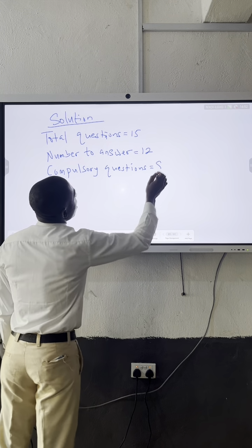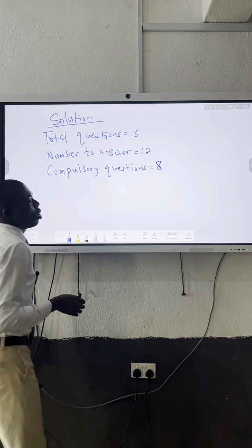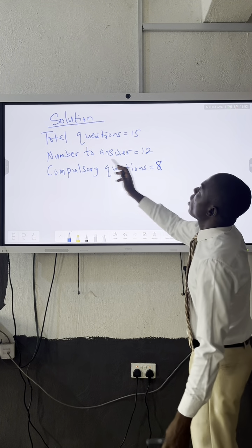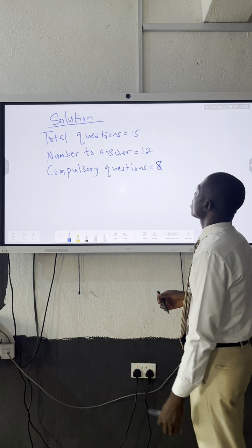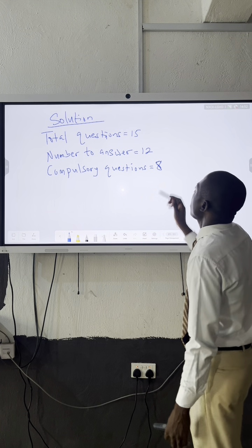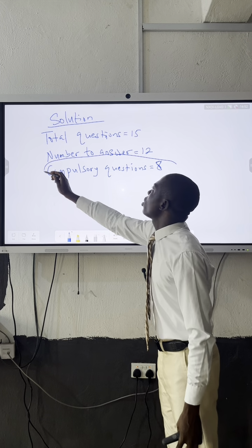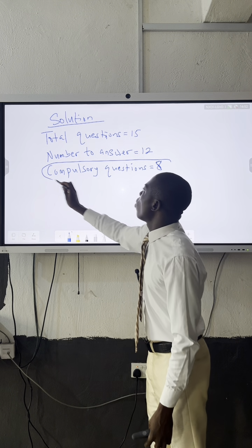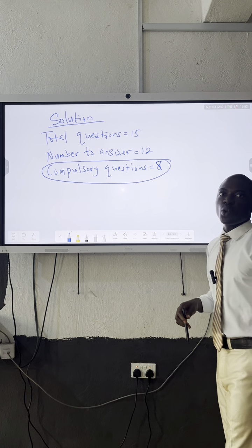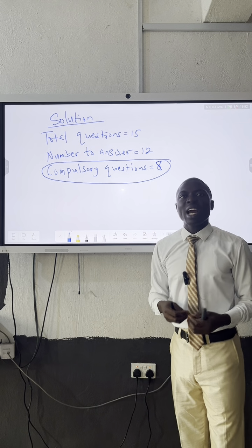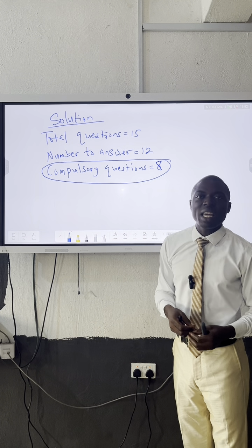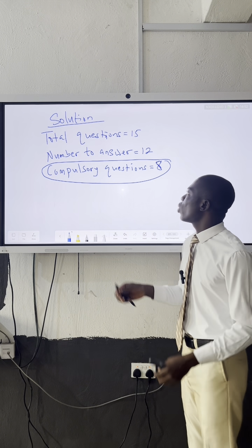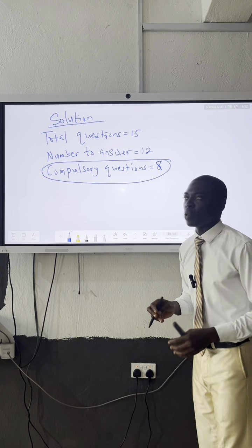So 15 questions in all, and the number of questions to answer is 12. But inside that 12, 8 questions are already compulsory. So what it means is that the candidate does not have the choice but to answer the 8 compulsory questions.